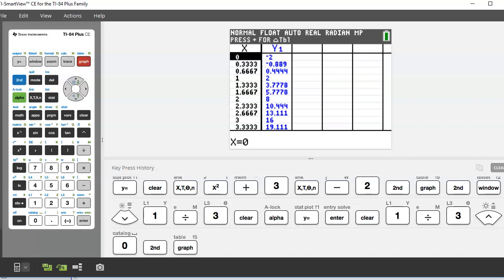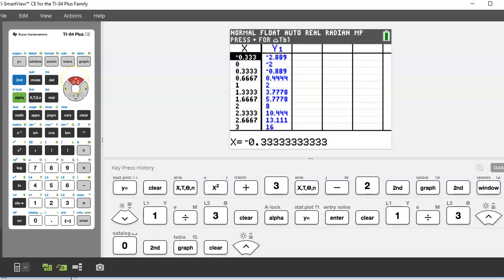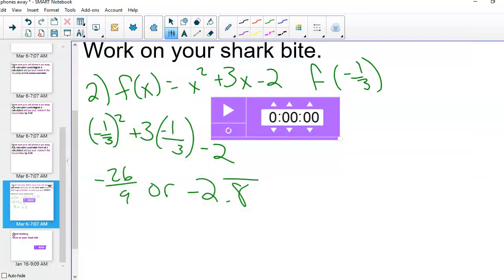And if you go back into your table, now you can see where it would be at negative 1/3. It still shows negative 2.8, and the last number is just a 9 because the 8 is repeating and it rounded the very last number. So that would still work.